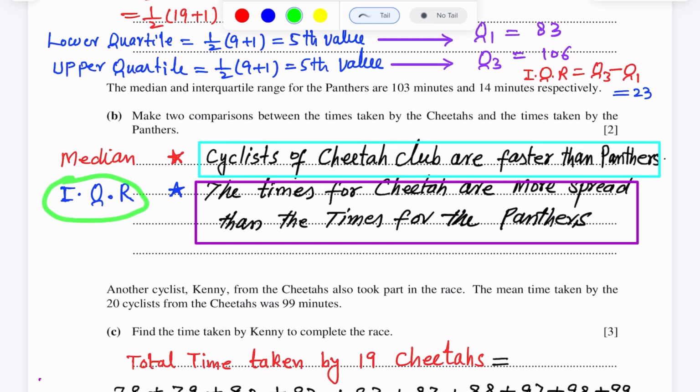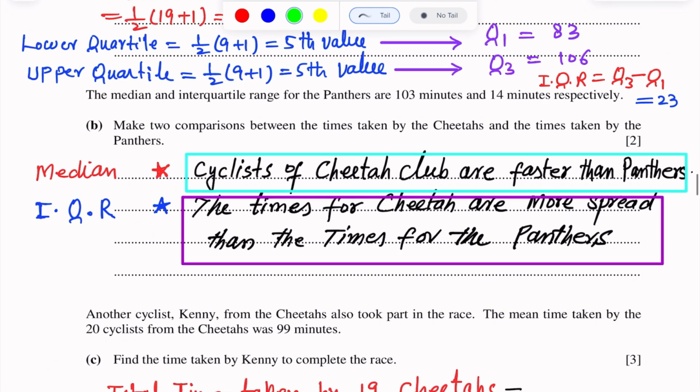The interquartile range is the spread of data, also called the variability of data. Median lies in the central tendency. So we will compare these two.